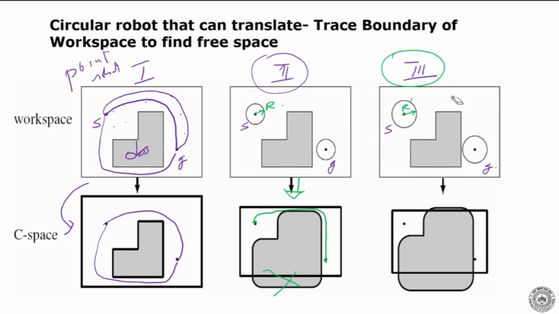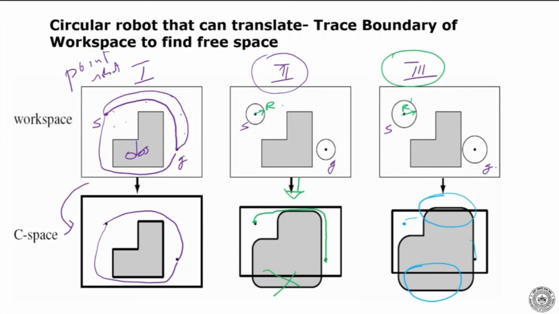But for a program which doesn't have eyes, what we basically do is we convert the robot to a point, that means shrink it by R, and expand the shape of the obstacle. And if we expand the shape of the obstacle, what we see is that it covers the boundary here. It is also covering the boundary here, which basically means there is no path which will take it from here to there.